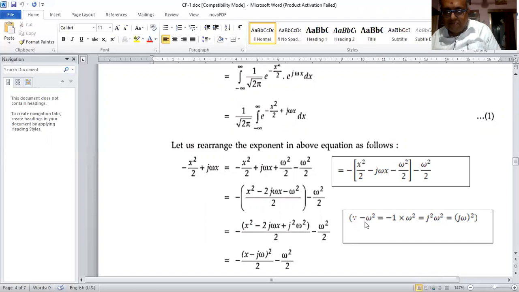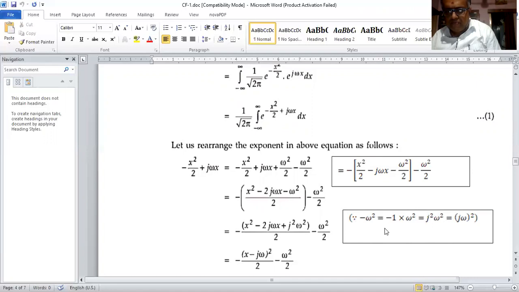This is another key step. The key step is adding and subtracting omega squared by 2, taking the LCM by combining the first three terms, and keeping the fourth term as it is. For minus omega squared, I am going to do this simplification.